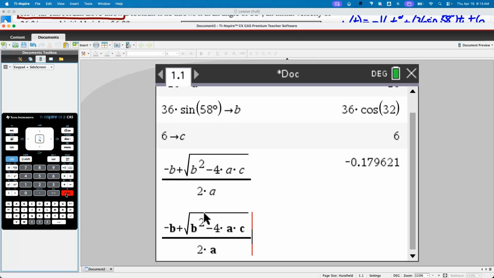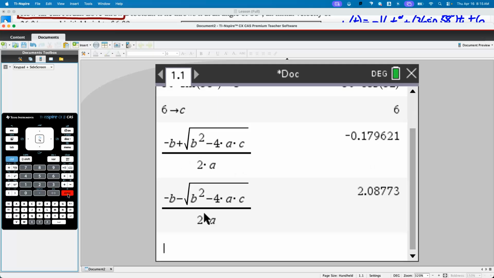What's the only part that I have to change on this one then? I have to change this to a subtraction. So I can scroll over, delete, and subtract there. And I get a t-value of 2.08773.